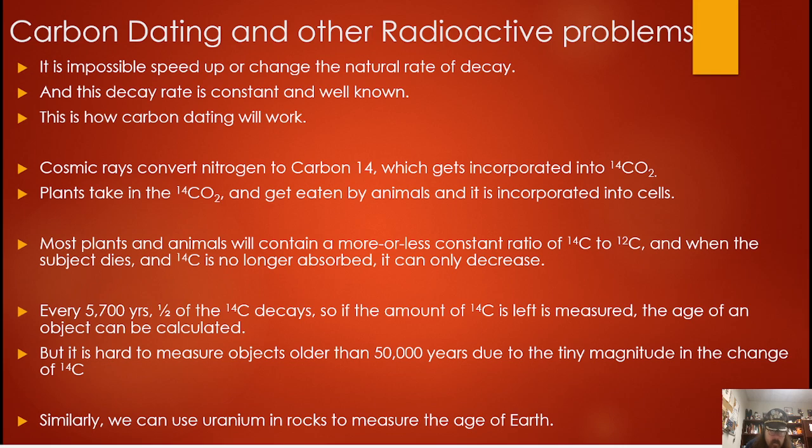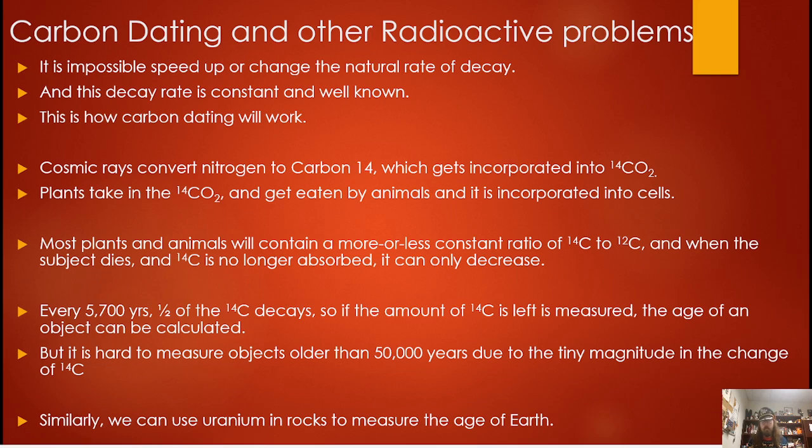So now the same process we use to measure the age of a living organic organism, we can use to measure the age of rocks. If we find a uranium deposit in the earth, we can then measure how old this deposit is based on the amount of uranium to the amount of lead-206. As I said in the last video, lead-206 is not naturally occurring lead.